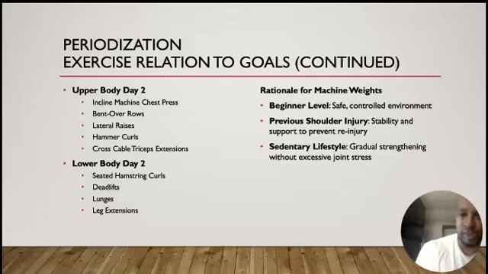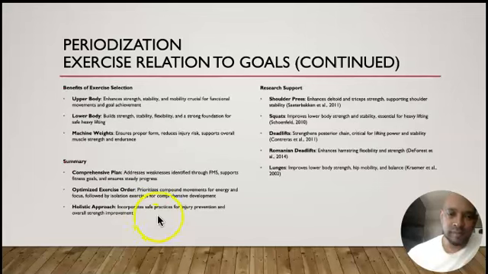He did have a previous shoulder injury, so he has the stability and support from the machines, and due to his sedentary lifestyle, the gradual strengthening without excessive joint stress is where the machines come into it. Again, the exercise relation to the goals: this breaks down his upper and lower body machine weights and the summary there.